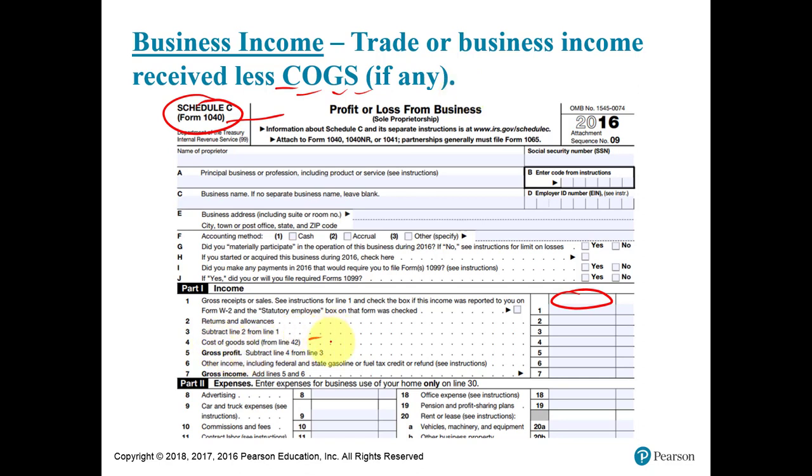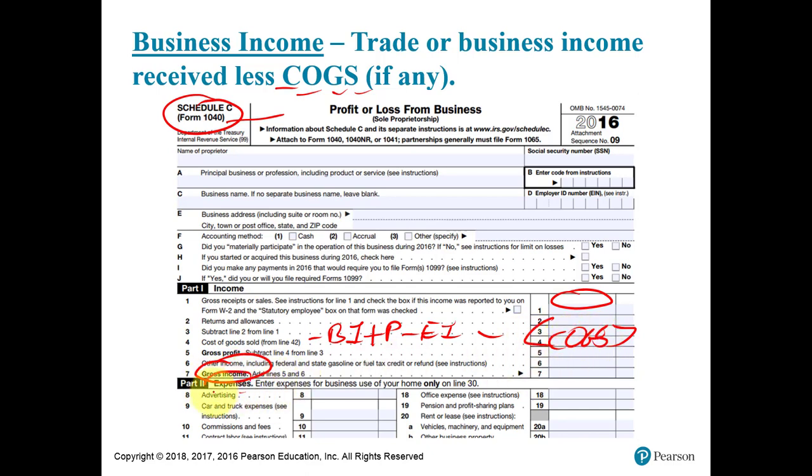So if you remember in your previous accounting classes, beginning inventory, remember that? Plus purchases minus the ending inventory equals the cost of goods sold that you get to subtract here to get the gross income figure.